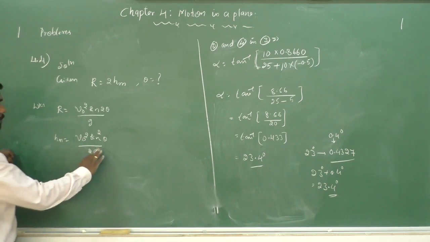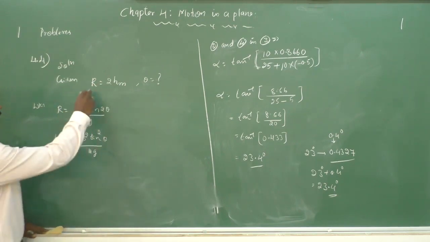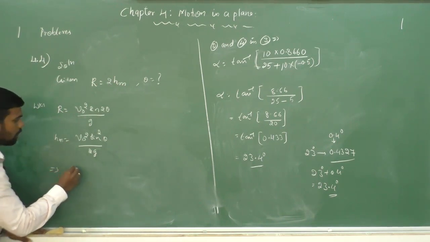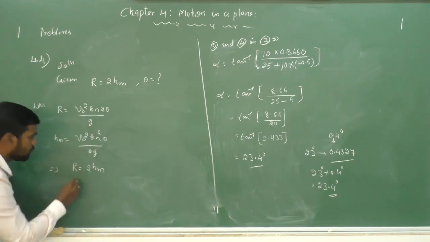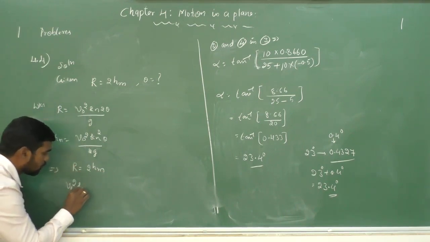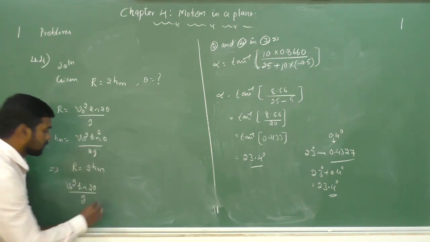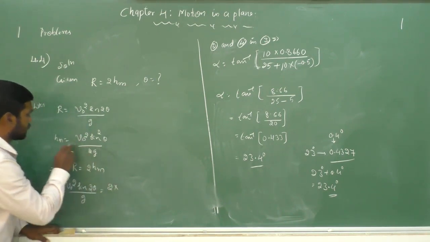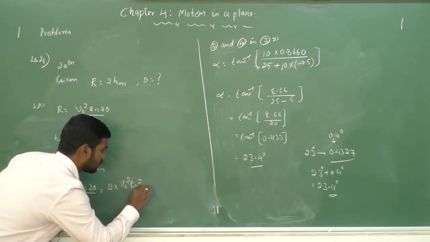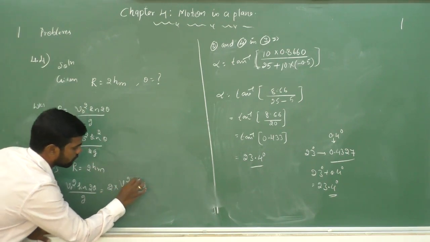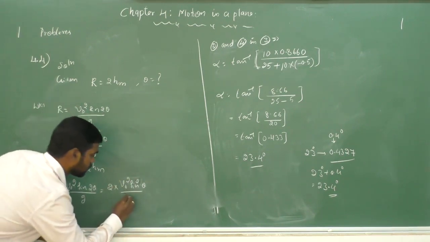Substitute these two in the given equation R equals 2 Hm. R is v naught square sine 2 theta divided by g, and 2 into Hm is 2 into v naught square sine square theta divided by 2g.